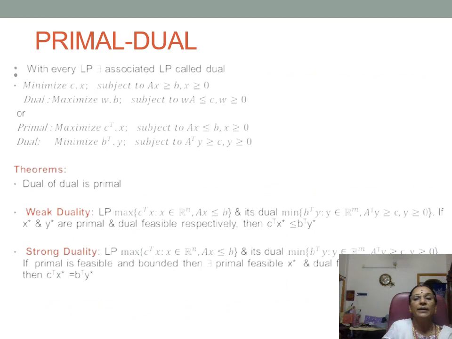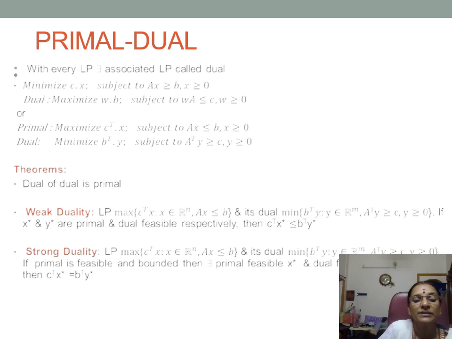Primal and dual. Suppose the given problem is a primal, we can change it into a dual. Maximum becomes minimum, minimum becomes maximum, and the matrix A becomes A transpose and X becomes X transpose.